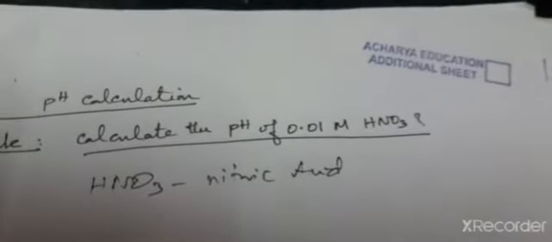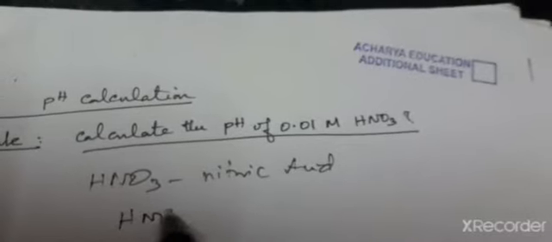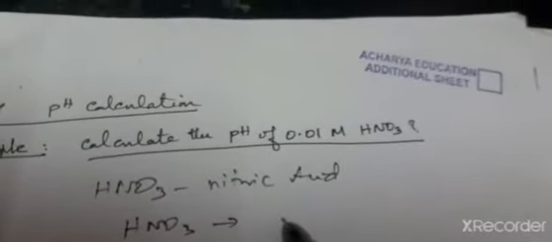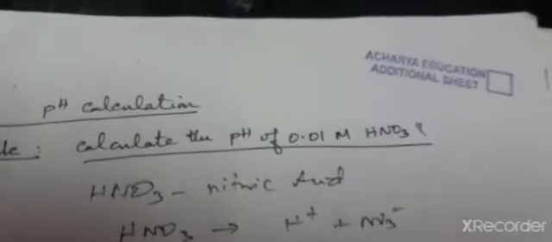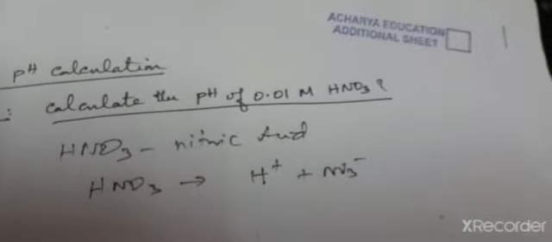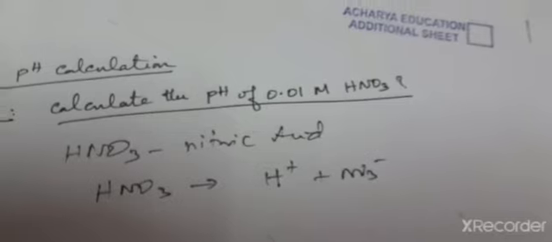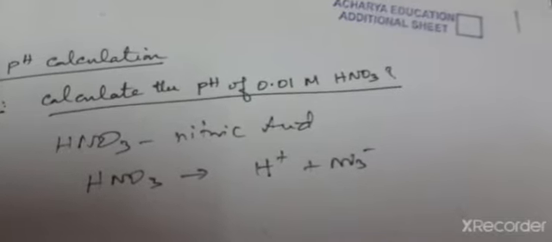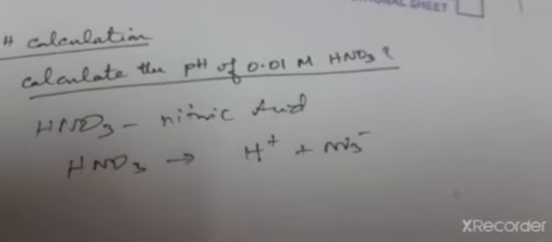Nitric acid, when it decomposes in water, what will it give? It is going to give H plus and NO3 minus, hydrogen ion and nitrate. So it displaces hydrogen ion. We first understand that the given solution is acidic in nature, an acid.